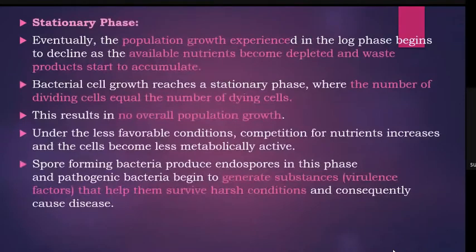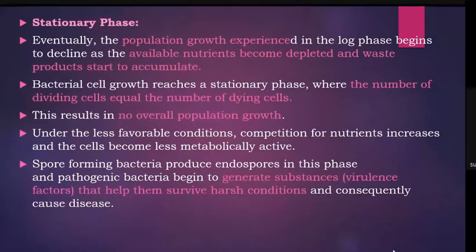Stationary phase. In the stationary phase, after the exponential phase, the doubling and growth of the microorganism and the utilization of nutrients will start to minimize, because almost all the microorganisms present in the medium will have utilized the nutrients, so there may be a depletion of nutrients.